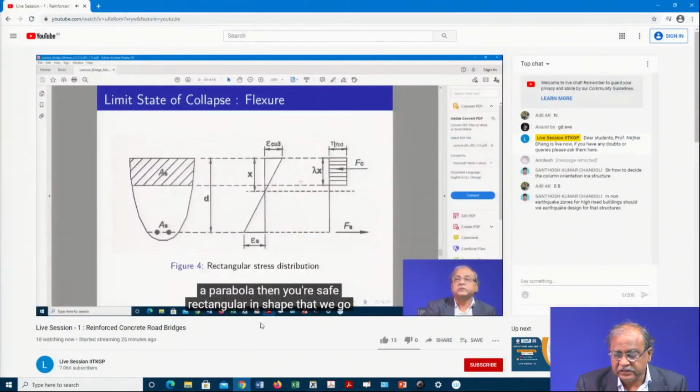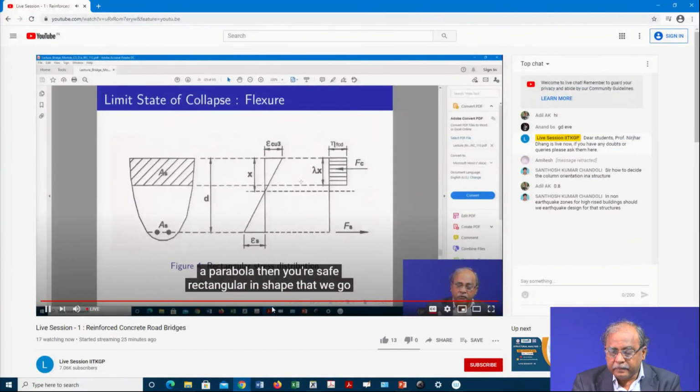Let us see whether any other question is there. Okay, Santosh Kumar Chandoli asks: in non-earthquake zones, for high rise buildings, should we do earthquake design for that structure?